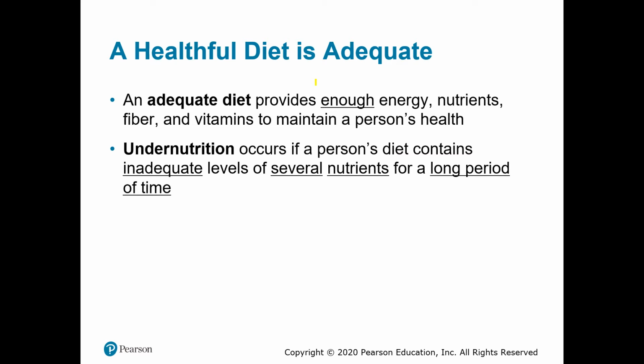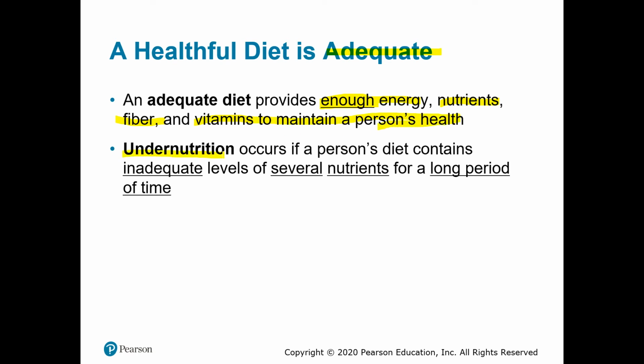Okay, so let's go through these 5 key components of a healthy diet so that we understand those in a little more detail. A healthy diet is adequate. That means a healthy diet provides enough. The word adequate means enough, sufficient. It provides enough calories, enough nutrients, enough fiber, enough vitamins and minerals to maintain a person's health.